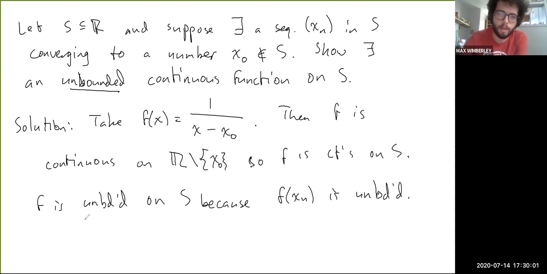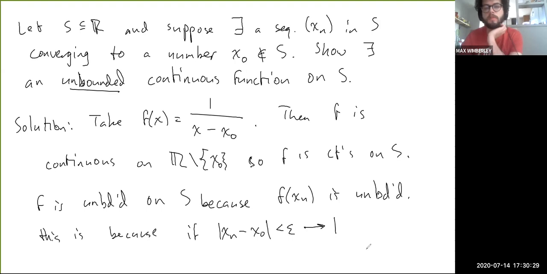This is because, how to put this, I think you can say if the absolute value of xn minus x naught is less than epsilon, then the absolute value of f of xn is bigger than 1 over epsilon.